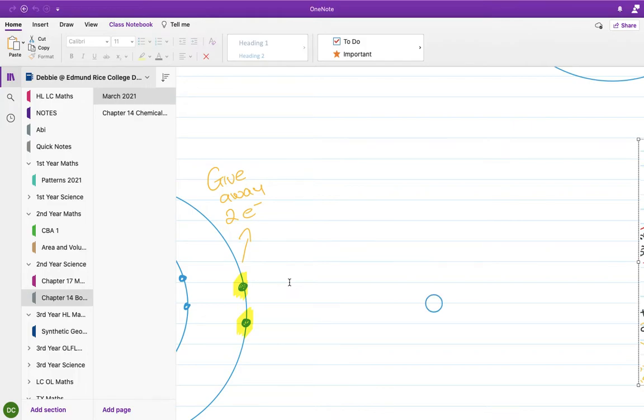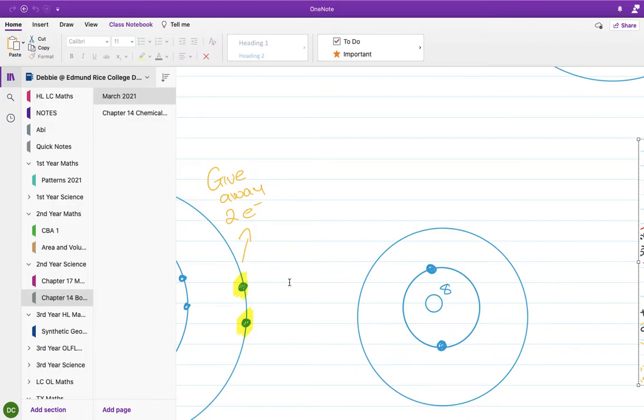So the first orbital or shell contains 2. And then the next one, so 2, 3, 4, 5, 6, 7, 8.